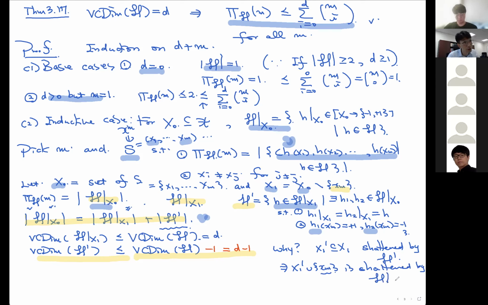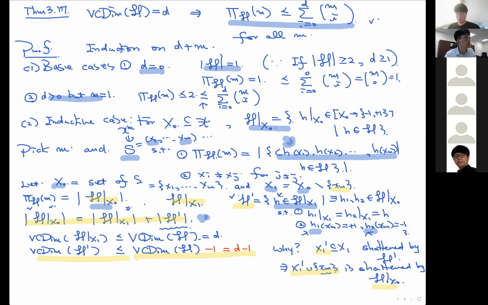So, by h restricted to x0. That's because of the way we define h prime: for any function in h prime, we can always find its extensions, h1 and h2, which assign different labels to xm. That property ensures that if x1 prime is shattered by h prime, then extending it with xm is shattered by h restricted to x0.